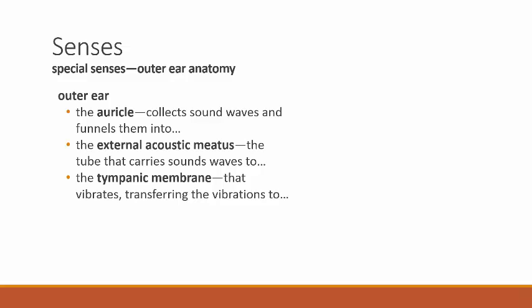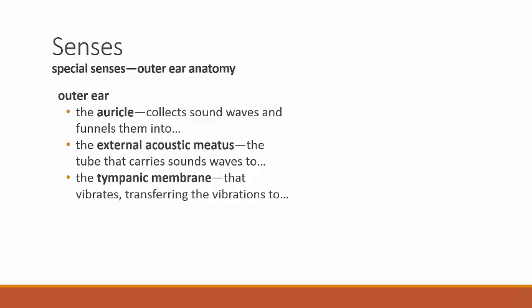The outer ear, and I wish I had the picture here, but if you're following along in your book, that's on page 457. The outer ear begins at the auricle, which is that flap of skin and connective tissue that we generally refer to as the ear.